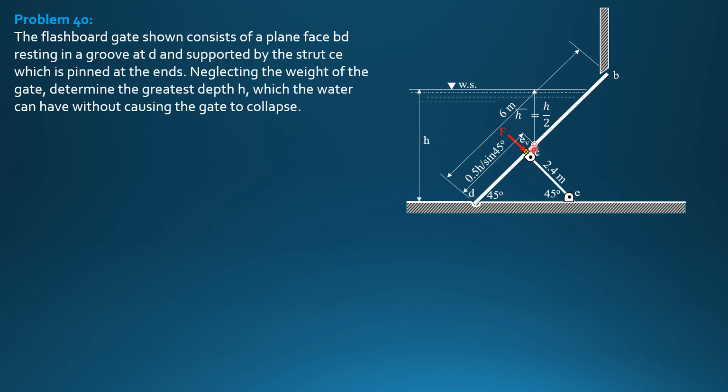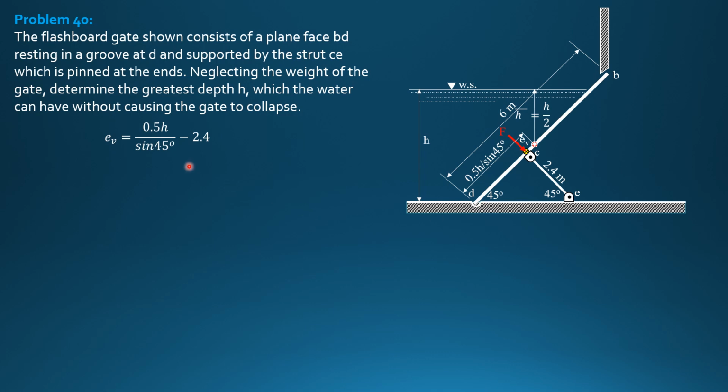So e sub v is 0.5 h over sine 45 degrees minus 2.4. CD is also 2.4 because that's 45, that's 90. This is an isosceles right triangle.